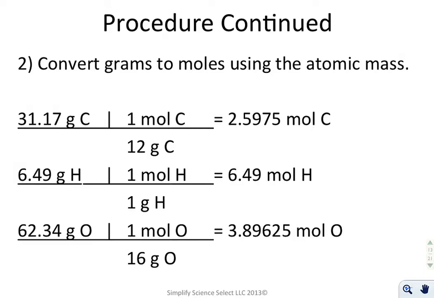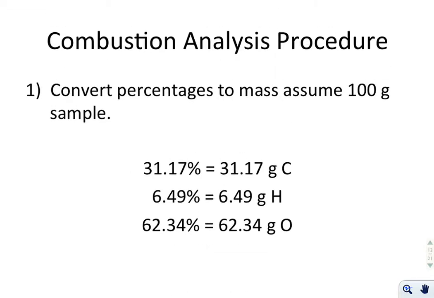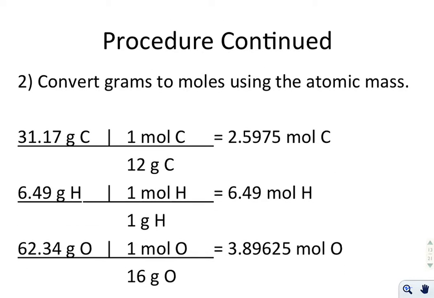So, if I had a 100-gram sample like we talked about before, that would contain 2.5975 moles of carbon, 6.49 moles of hydrogen, 3.89625 moles of oxygen. And to tell you the truth, that doesn't really make a whole lot of sense. It doesn't actually give us any useful information.